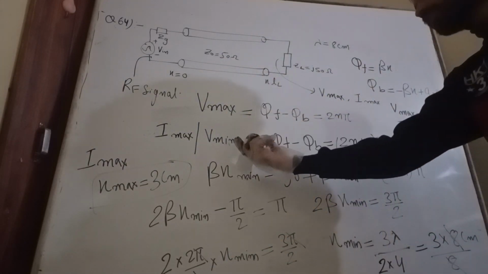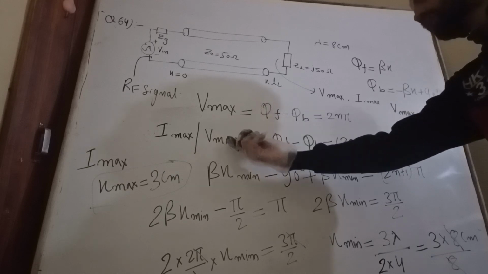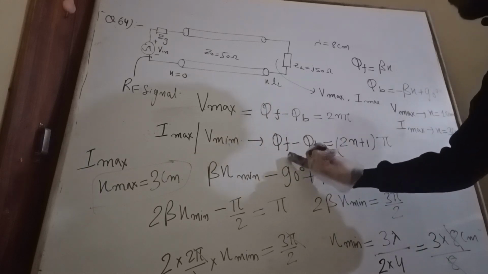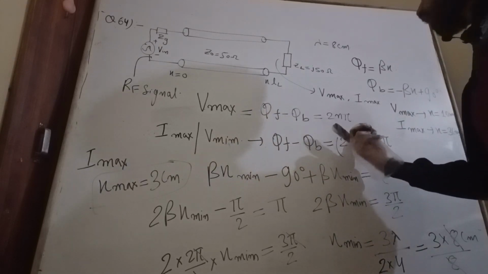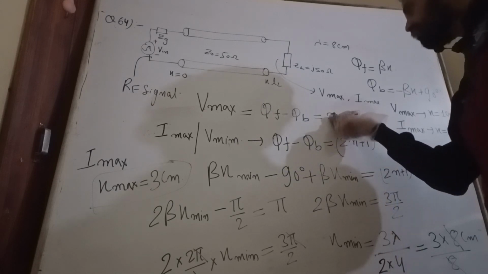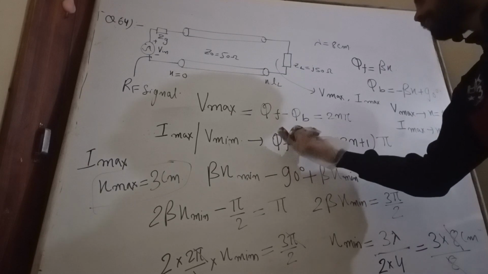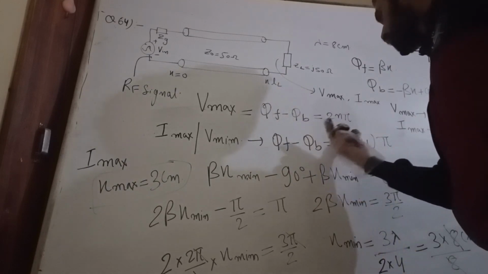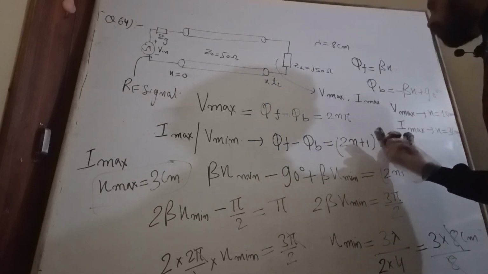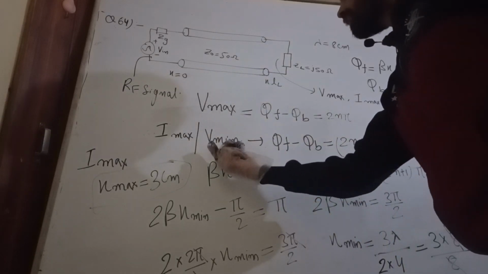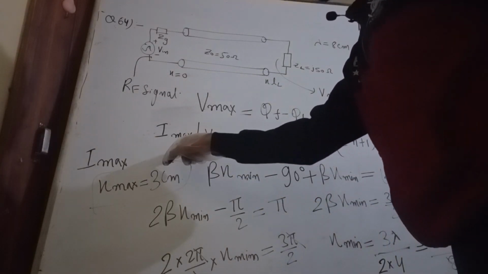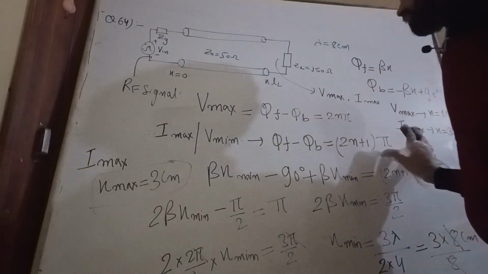Then after that we will find when voltage maxima will occur. When the angle difference is in phase, that time we will get voltage maxima, and when the angle difference is out of phase by 180 degree, an odd multiple of 180 degree, that time we will get voltage minima, and corresponding to that we will get current maxima.